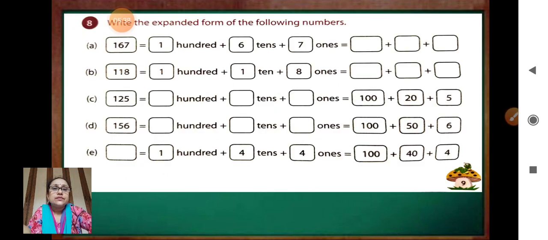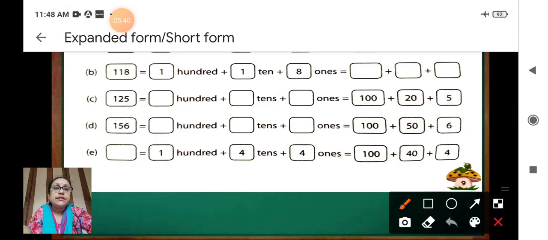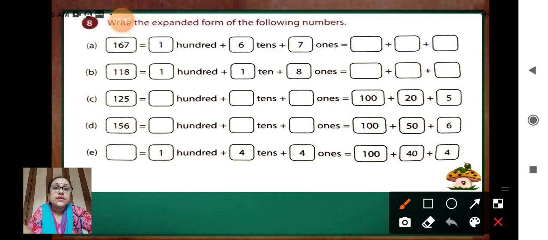Now, open your book, write the expanded form of the following numbers. Okay, write classwork. You can see the first one, 167.